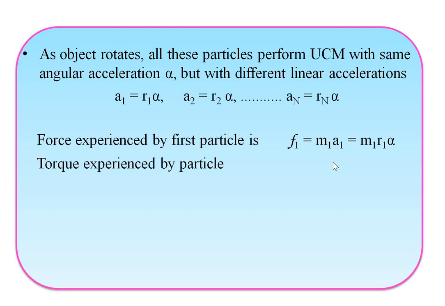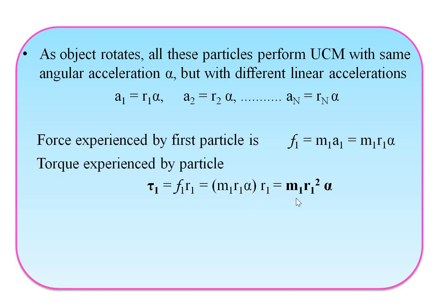From this, we calculate the torque experienced by the particle. For the first particle, we know the expression for torque: tau is equal to F into r. For the first particle, tau1 is equal to F1 times R1. Putting the value of F1 in this equation, we get M1 R1 alpha in the bracket, outside the bracket R1.